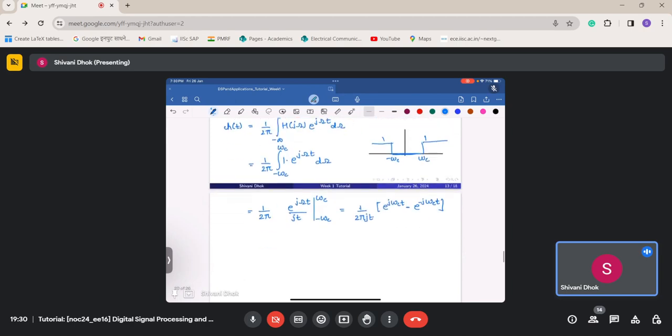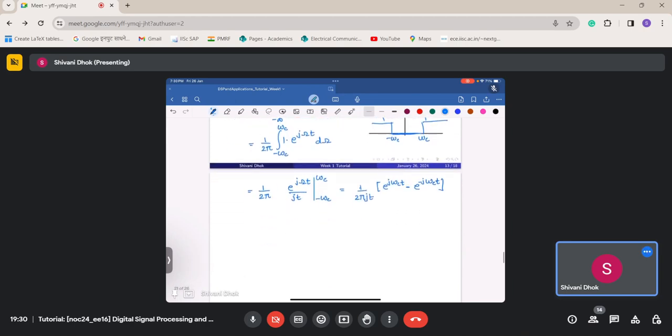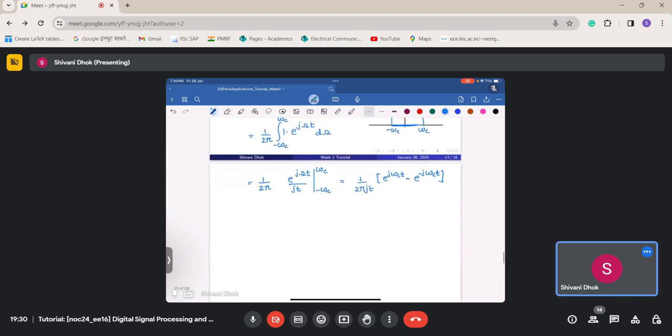But yes, before that, let's just play with this signal a little bit. So this is e power j omega ct minus e power minus j omega ct.